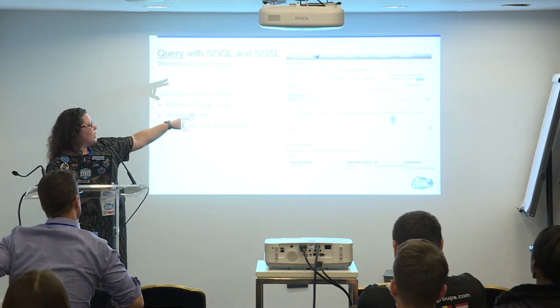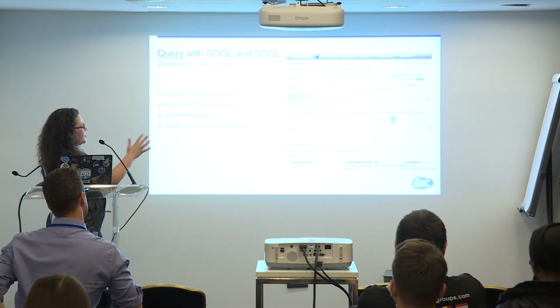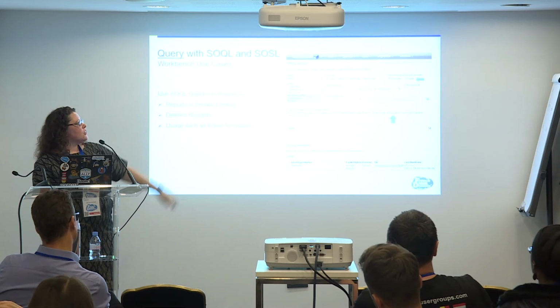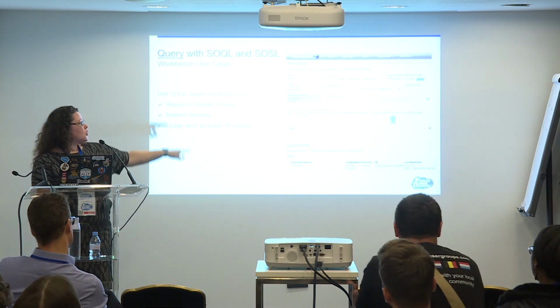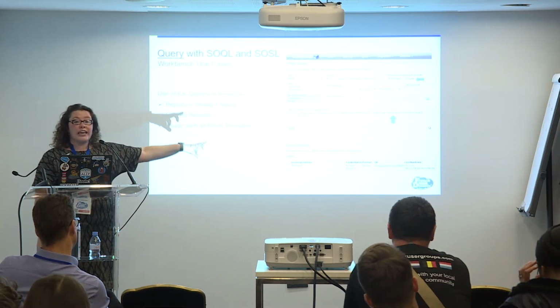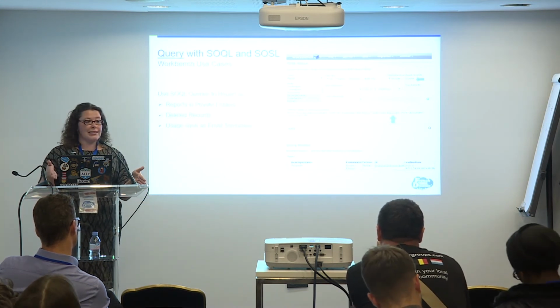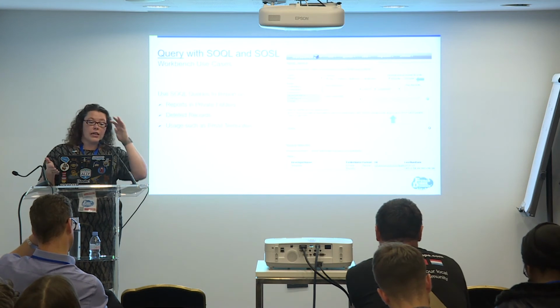The other thing I've highlighted on the top right is the deleted and archived records. Just by switching that from exclude to include, you can make sure you're reporting on things that have been deleted. So that's quite handy, full stop.